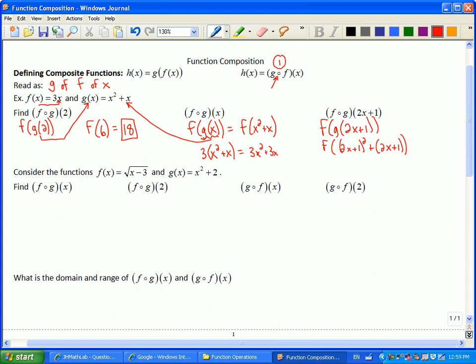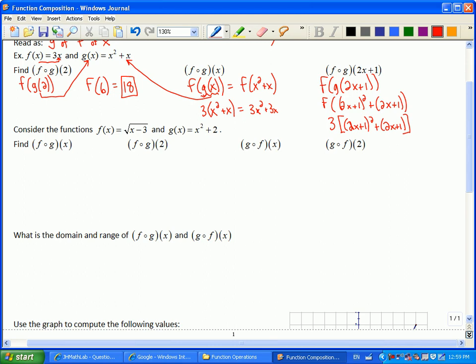And then the function for f, it triples things, so whatever I put in for x gets tripled, so it's going to be 3 times, I'll use these brackets just to make them look different, 2x plus 1 squared plus 2x plus 1. Okay, and now you could expand it, but that's not the point of our lesson today. So that's enough to call this one finished. But we could, of course, expand it and collect like terms, and we get another quadratic equation out of it.